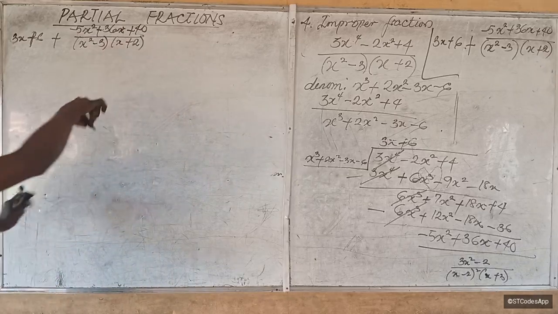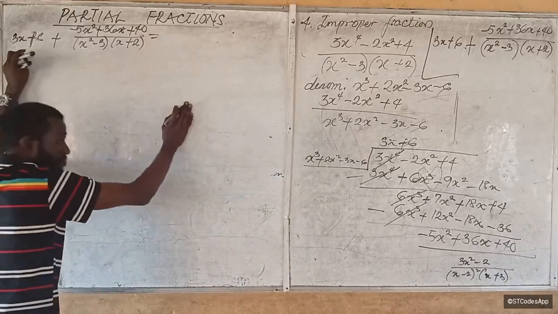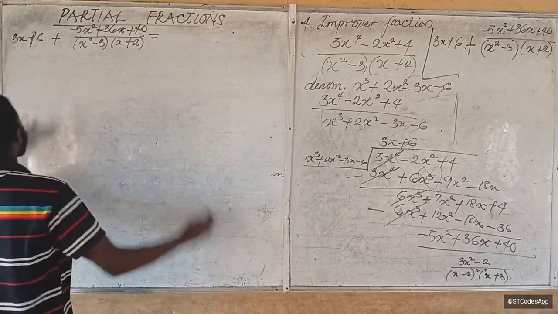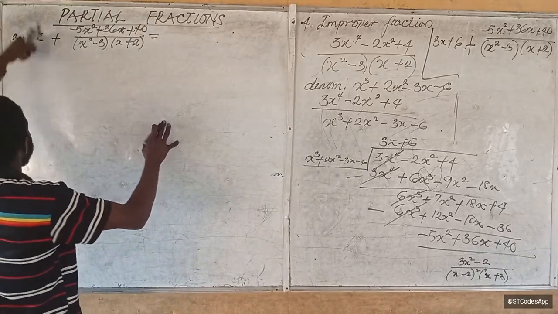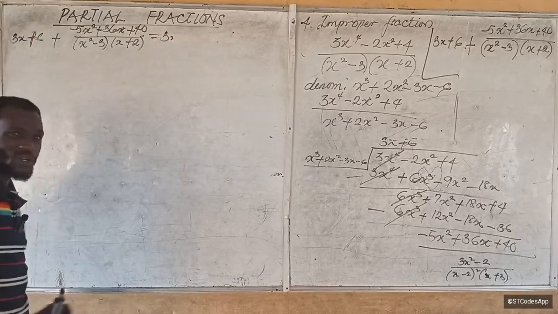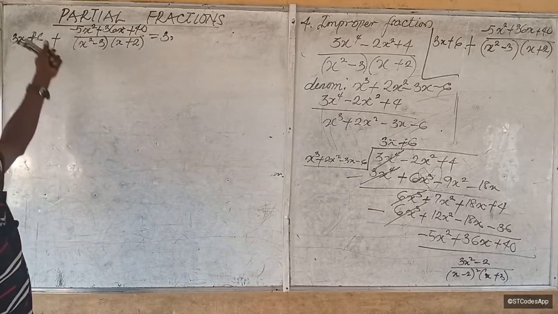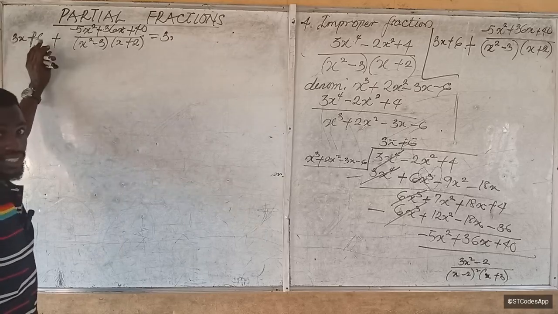So what do you do to this? What you do is you express it as a quadratic expression, as a partial fraction. So this will be this case, which will be 3x plus 6. Now, you actually don't need to do anything with this again because it's already defined, okay?